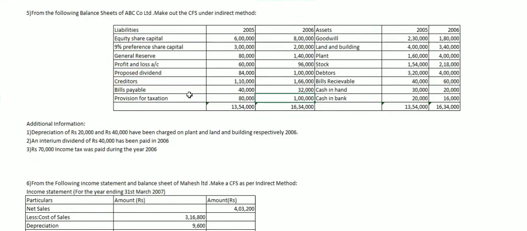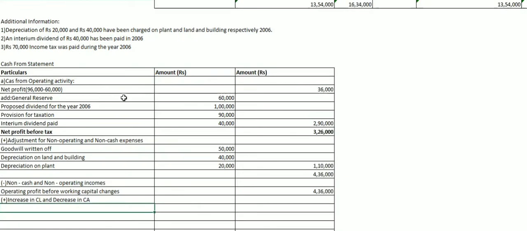In current liability only the creditors have increased, so you will add that increase in creditors, which is 56,000. How do you get this 56,000?